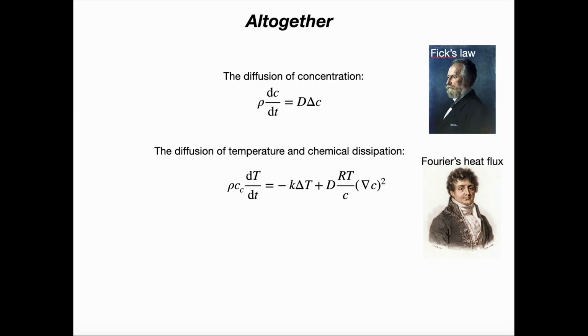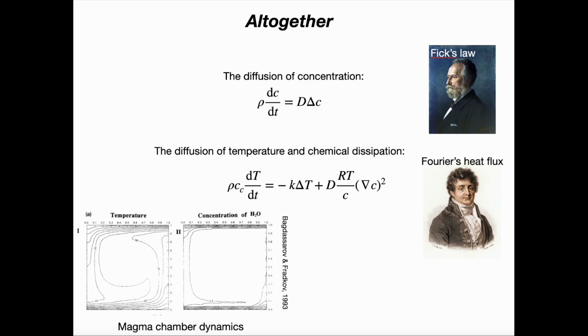So altogether, we have the equation for the evolution of the concentration field, and we have also derived an equation for the evolution of the temperature field with time and space. The result of this coupling is that we have a production term in the temperature evolution equation, which is linked to the diffusion of concentration. So with this equation, one may start to be able to predict now evolution of temperature and concentration in space and time.